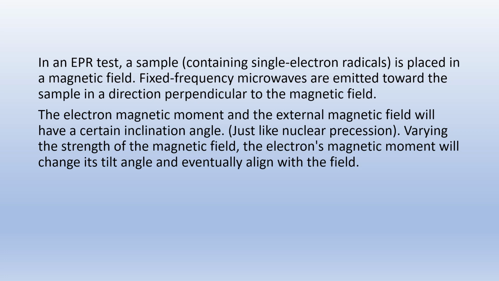Fixed frequency microwaves are emitted toward the sample in a direction perpendicular to the magnetic field. The electron magnetic moment will have a certain inclination angle with the external magnetic field, just like nuclear precession. Varying the strength of the magnetic field, the electron's magnetic moment will change its tilt angle, and eventually align with the field.